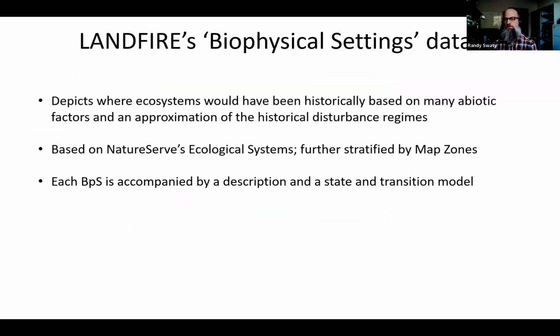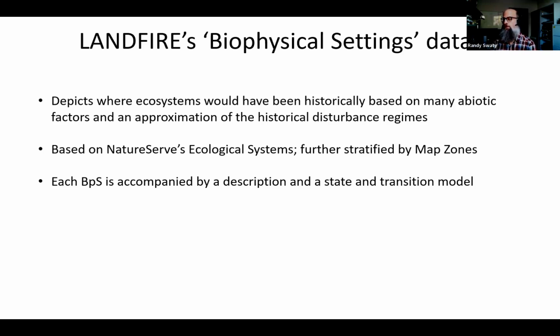Okay, so here's the basic text slide. LANDFIRE's biophysical settings data depicts where ecosystems would have been historically, that is just prior to European colonization, based on many abiotic factors and an approximation of historical disturbance regimes. So in the next slide, I'll give a visual of this and go into it more for sure. The original list of ecological systems that we worked with came from NatureServe.